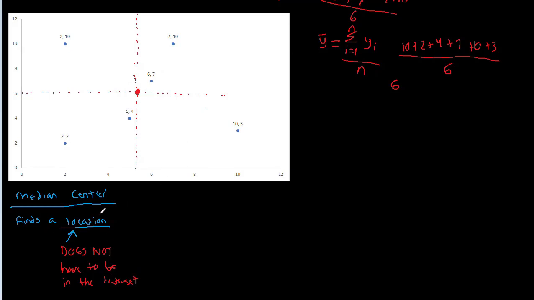But median center finds a location that minimizes the Euclidean distance, or distance, because you can define different ones, but typically it's going to be Euclidean, that minimizes the distance to all points in the data set.